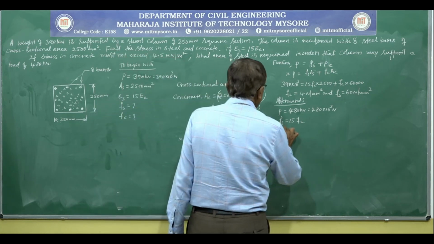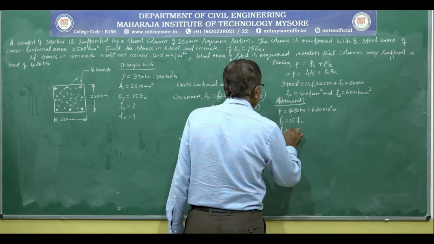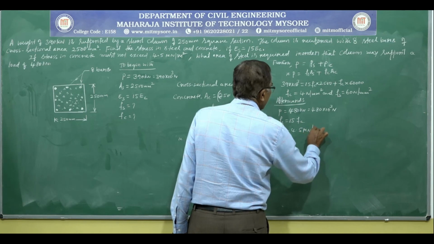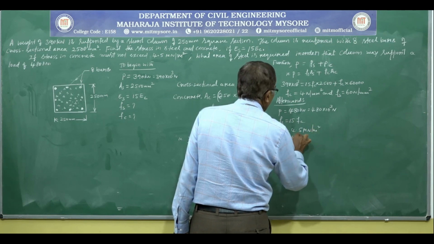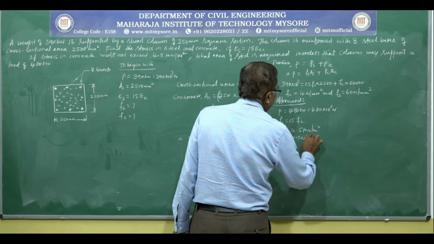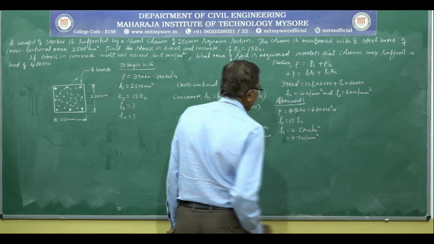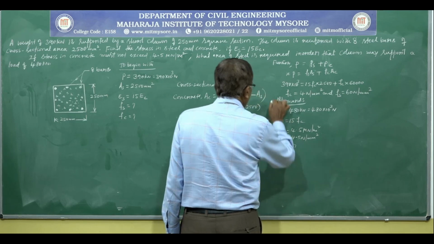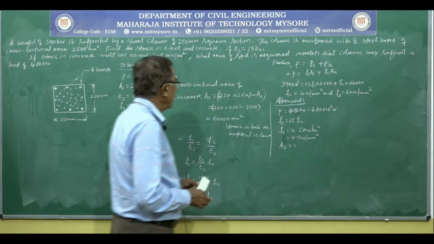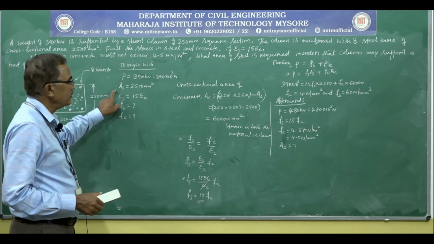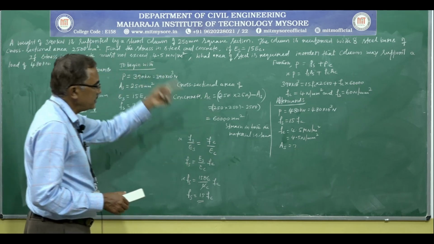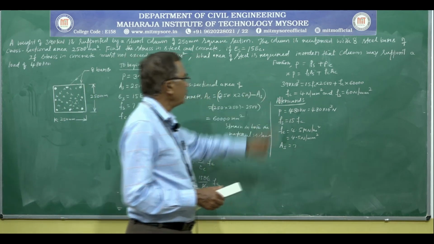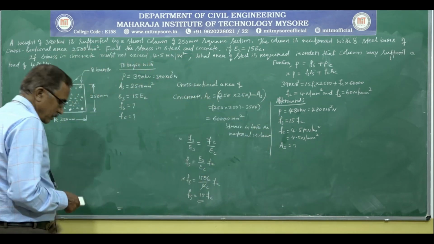Next, stress in concrete must not exceed 4.5 meganewton per meter square, that is equal to 4.5 Newton per millimeter square. For this, we are asked to find the area of steel. Do not get confused with the area of steel already given. What is the area of steel? So, this area of steel is to resist the new load of 480 kilonewton.